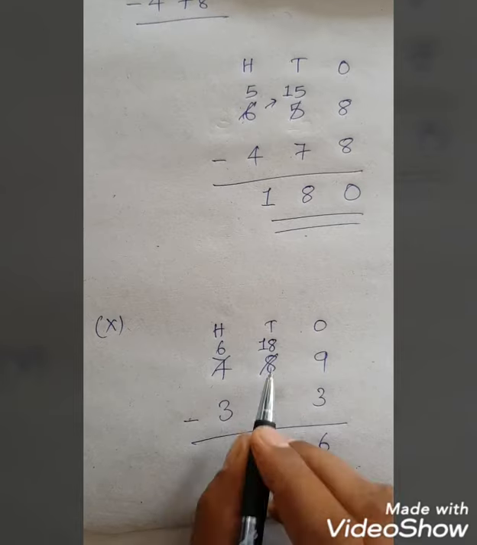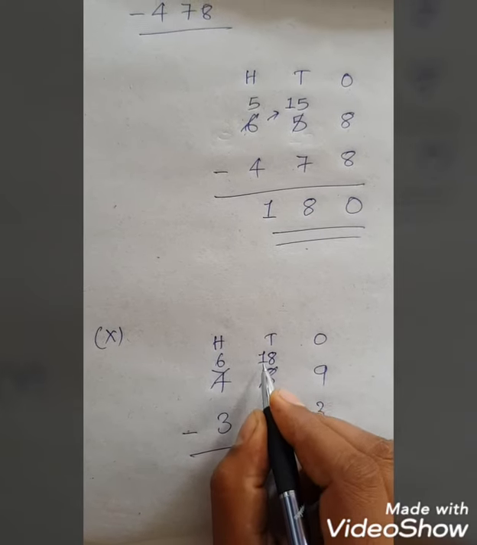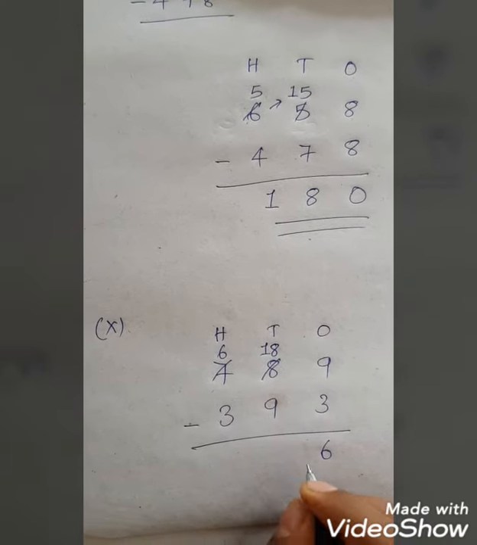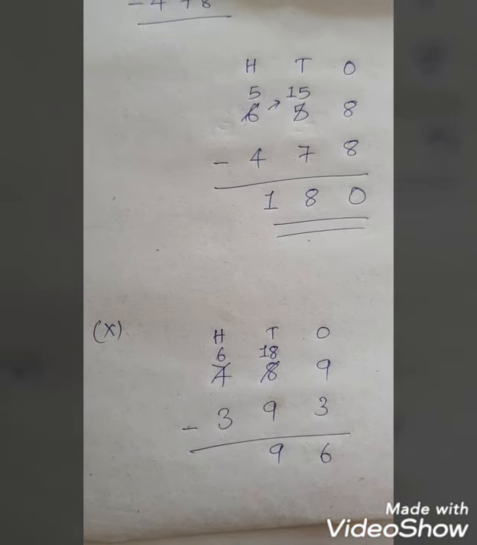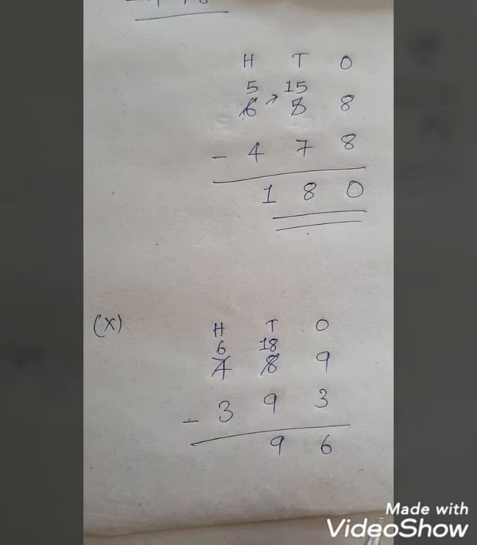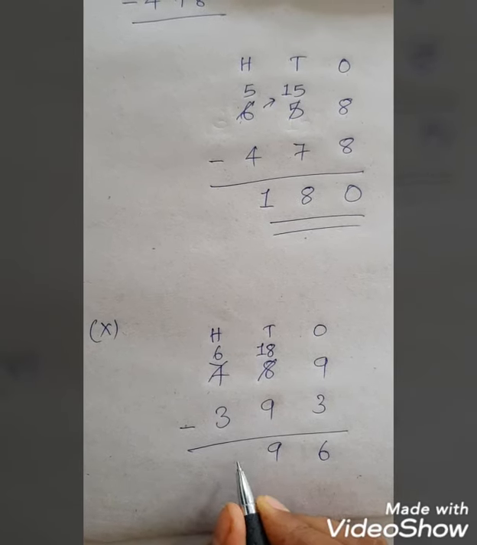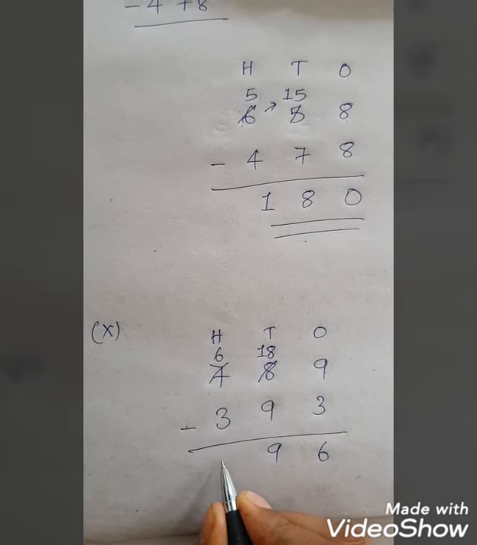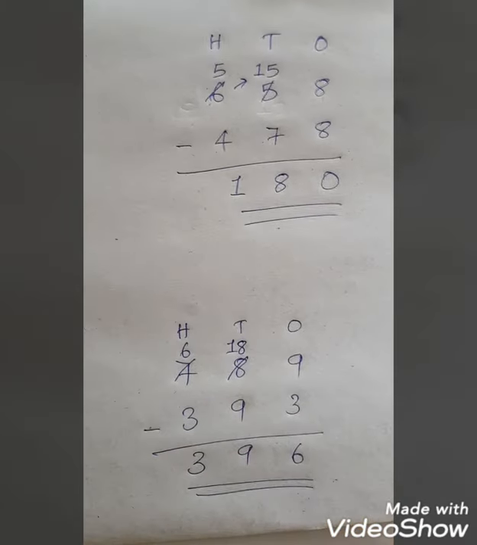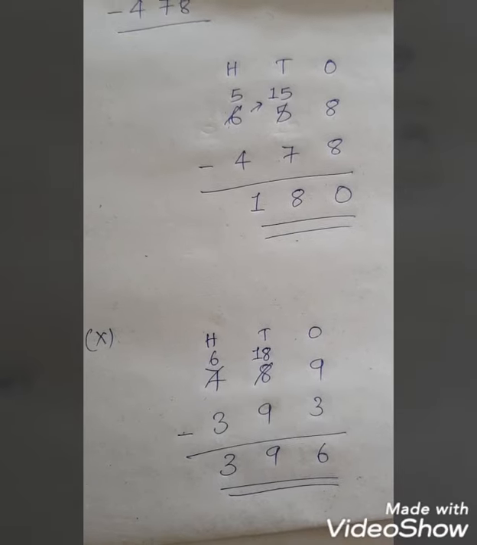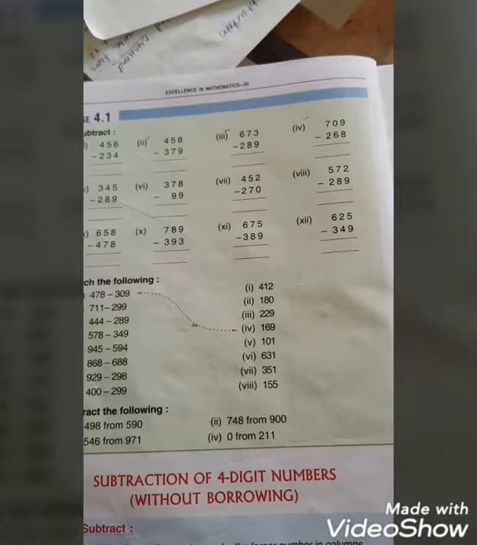Now we can do subtraction easily. 18 minus 9. What is 18 minus 9? It is 9. Now next, hundreds column, 6 minus 3. What is 6 minus 3? It is 3. Okay, very good. We got the answer 396.